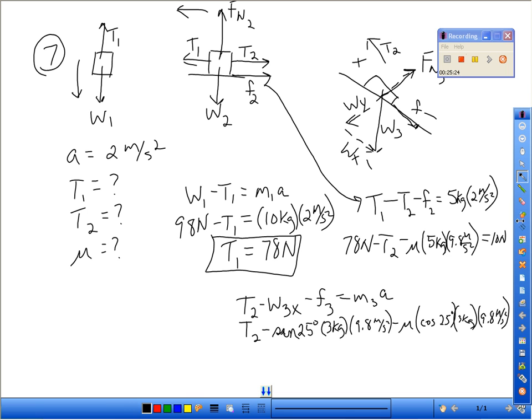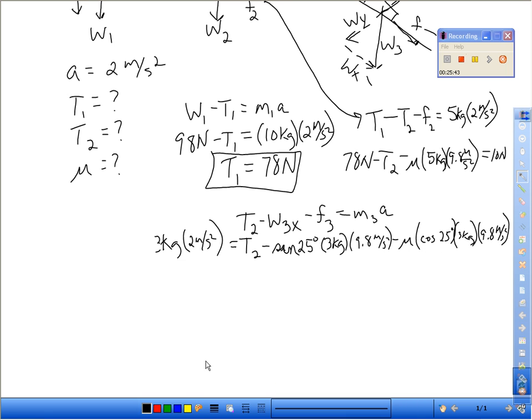And I need to be able to go over that way. So let's see. What if I just brought the M3A over here? 3 kilograms times 2 meters per second squared. So now I have 6 newtons equals T2 minus, okay, I can do the sine of 25 times 3 times 9.8.